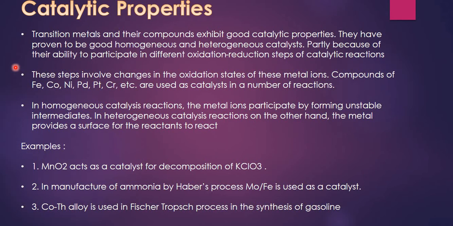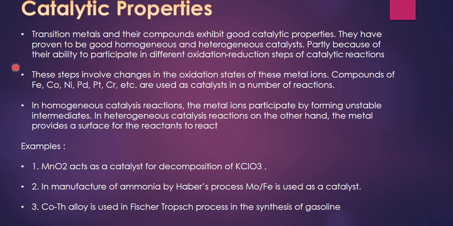Some examples: manganese dioxide acts as a catalyst for the decomposition of potassium chlorate. In the Haber process for manufacturing ammonia, molybdenum and iron are used as catalysts. Or you can say one reaction we have learned, hydrogenation of alkenes and alkynes, a nickel catalyst is used.